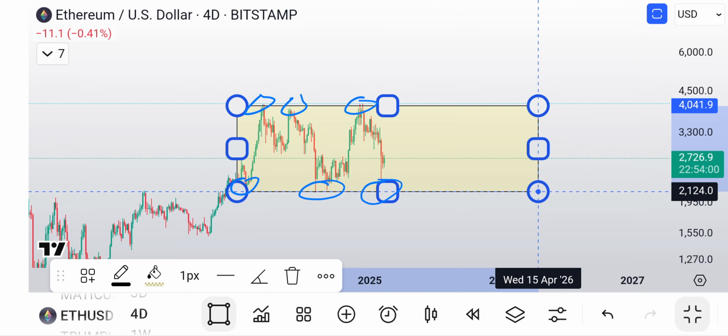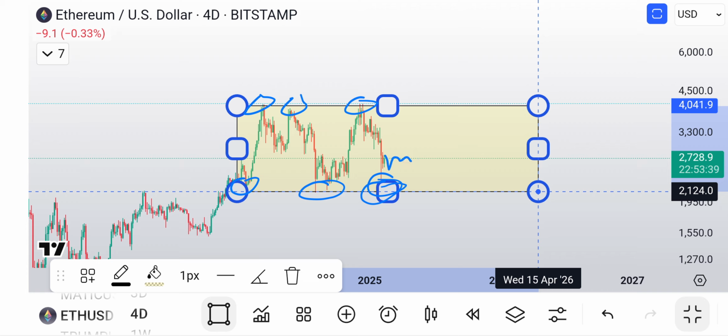And from my perspective, we're just testing the lower part of the structure. Now that it's been tested, it's been held for more than a week, and it's still got maybe another week or maybe 2 weeks.